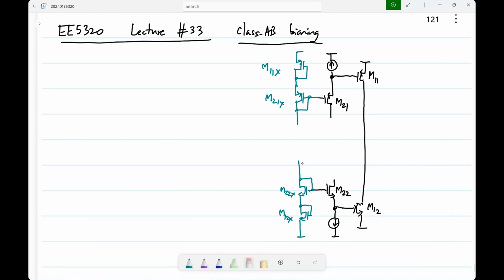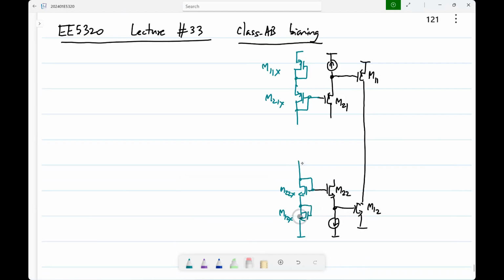They will have the same length and the same current by width. This is just like in a current mirror. They need not have the same current, but they'll have the same current by width, so they'll be replicas of each other, operating with the same VGS minus VT. By now you should understand what this means. M12X and M12 are replicas, designed to have the same VGS minus VT and some current.